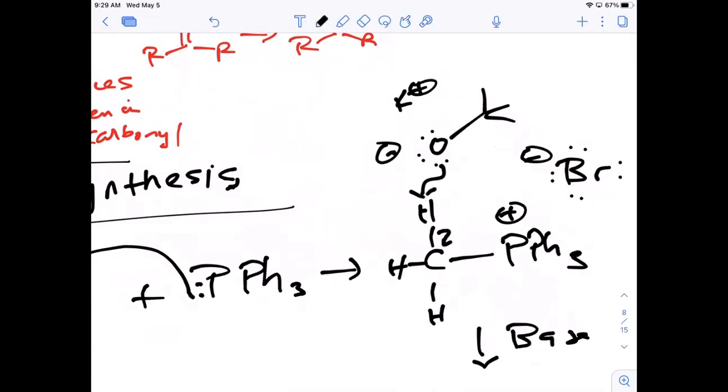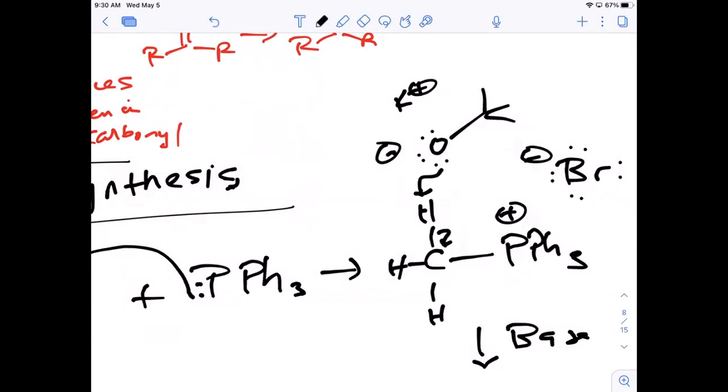If you notice, all the terminology for all the different types of reactions is the same. Substitution, elimination, proton transfer, all those reactions we learned. Now it's multiple applications of those reactions.